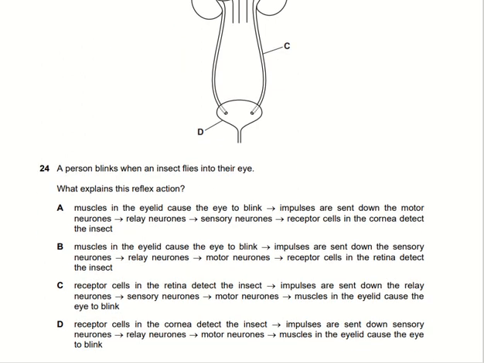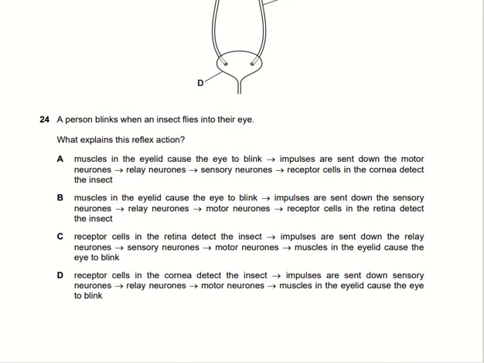A person blinks when an insect flies into their eye. Which explains this reflex action? Muscles in the eyelid cause the eyes to blink, and impulses are sent down the motor neurons. No, they are not related. Muscles in the eyelid cause the eyes to blink. No, they do not directly cause the eye to blink. The receptor cells in the retina detect the insects.